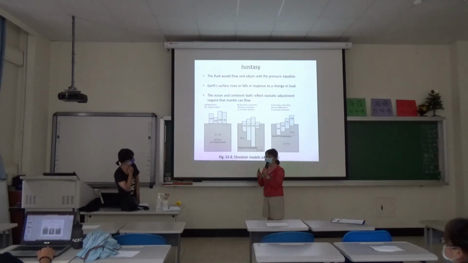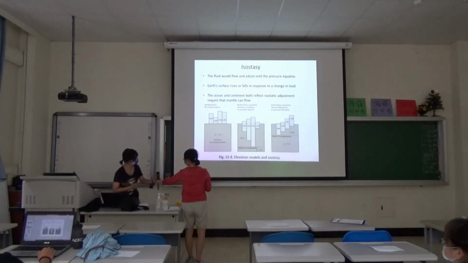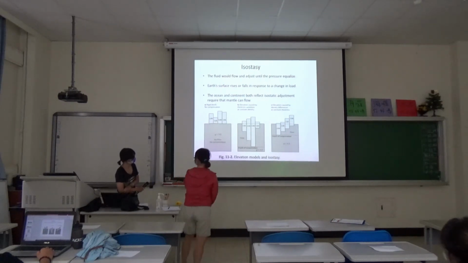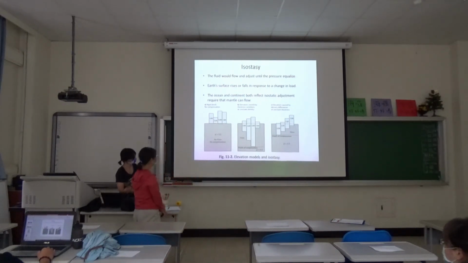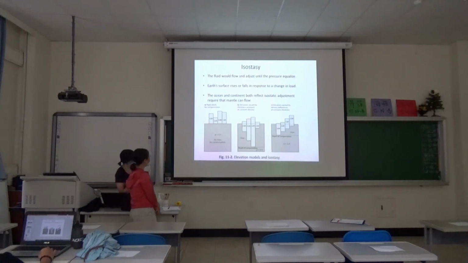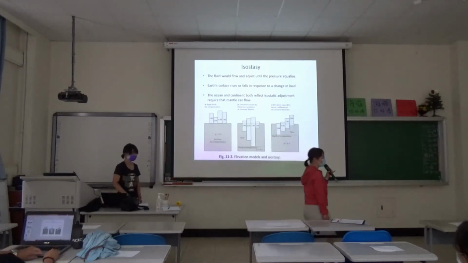The continental crust and also the oceanic crust, they all have the same density. So how do you think? It's like B and C combined together. That's a good answer. She said combining B and C.